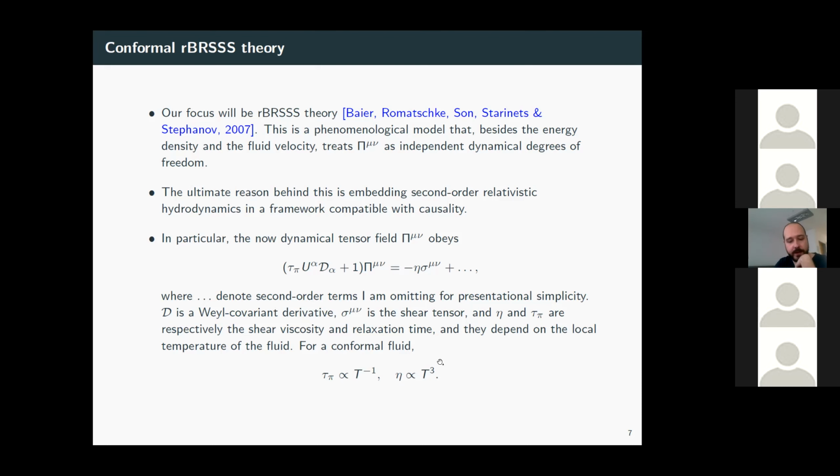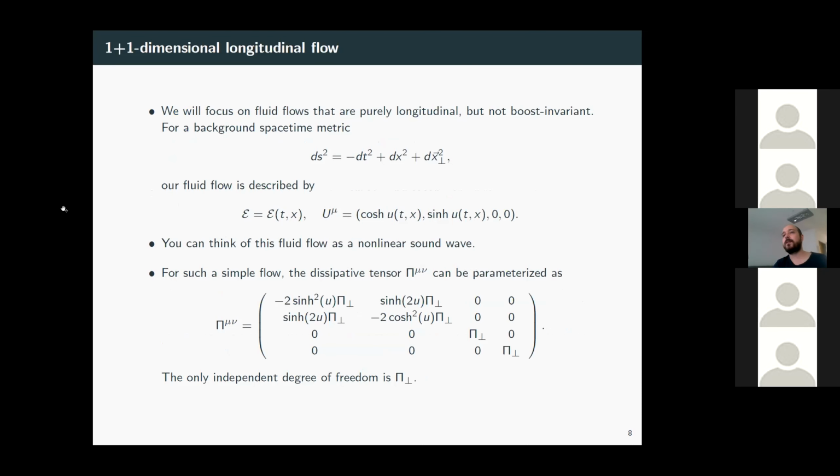Okay, so now this is the main new input of this particular talk, as far as I know, which is that we are going to be studying 1+1 dimensional longitudinal flows in this theory. So what do I mean by this? We are going to consider a fluid flow that lives on a background Minkowski spacetime, given with this metric.